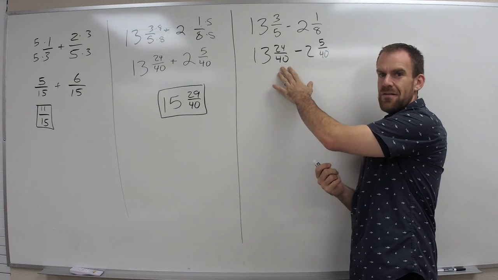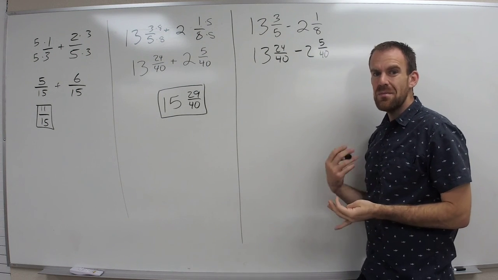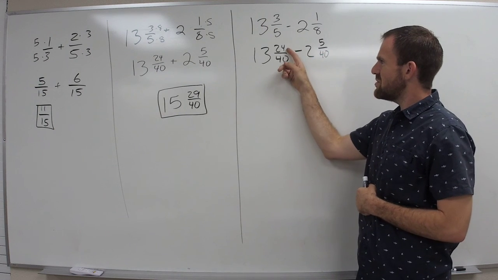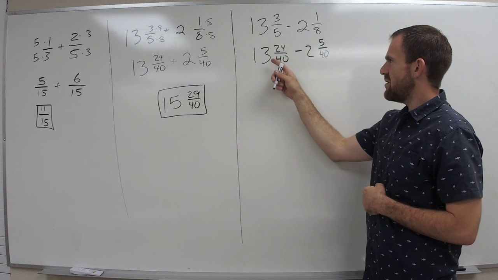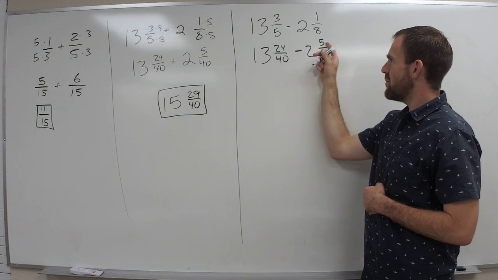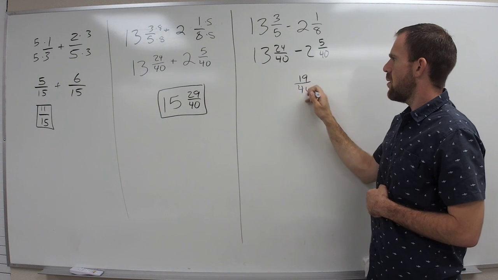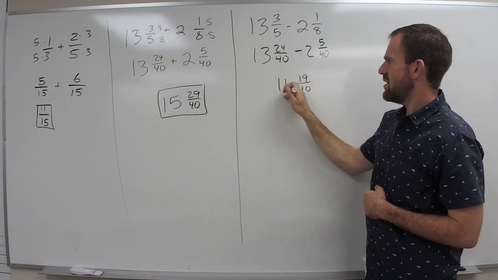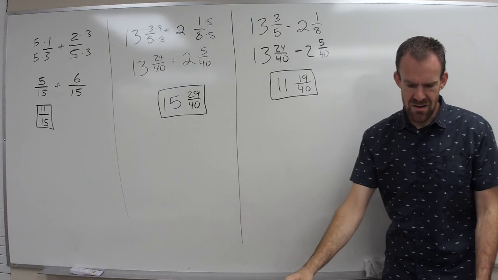So first, I'm going to look at the fractions. 24 minus 5, that works out, so I'm not worried. But if this number was too small, I would have to borrow from the 13, okay? In this case, I don't have to. So what I'll do is I'll do 24 minus 5, which is 19, and 13 minus 2, which is 11. And that's my answer.